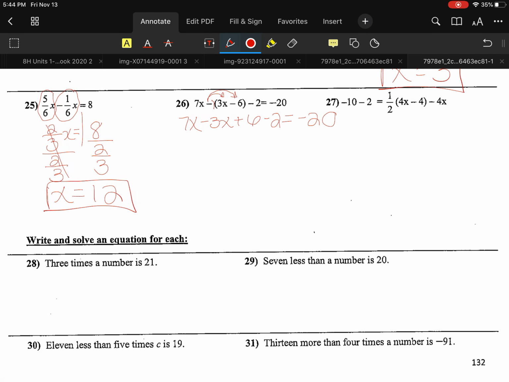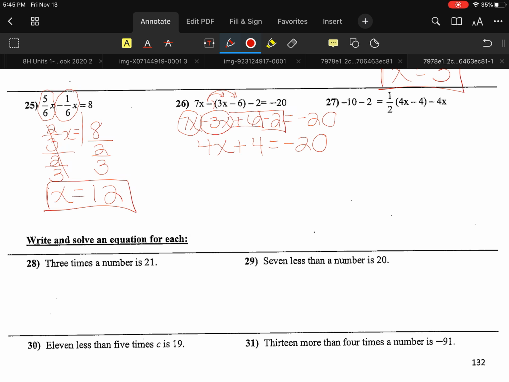So everything I didn't use now comes into the next step. I've already used the negative 1, so that's gone. I've distributed it. On the left-hand side, I can combine the 7x and the minus 3x, which is 4x. I combine the positive 6 and the minus 2, which gives me a positive 4, equals negative 20.